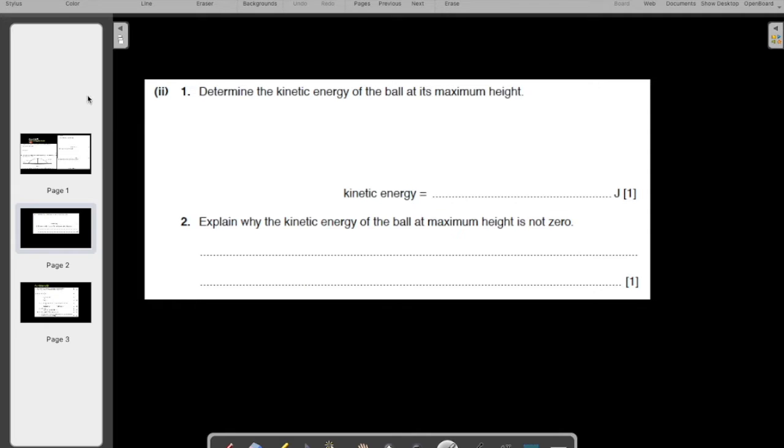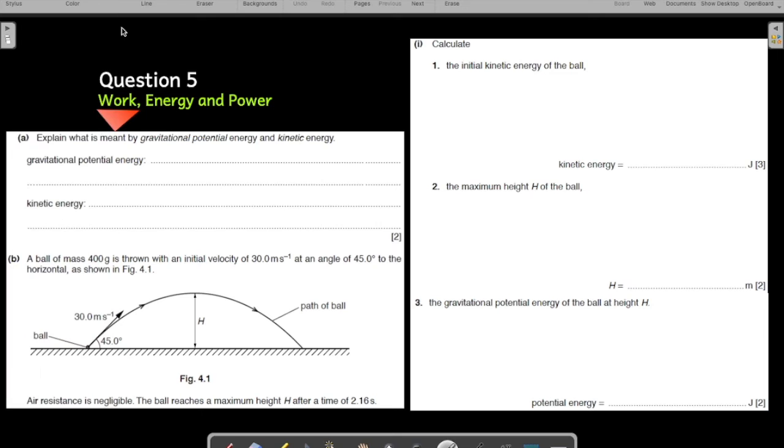So here we are. I believe that you have solved the question now and you're back to understand and verify your answers. The first part of the question says, explain what is meant by gravitational potential energy and kinetic energy. If you're just writing the formula here, it will be difficult for you to score full marks because they are telling you to define these two terms.